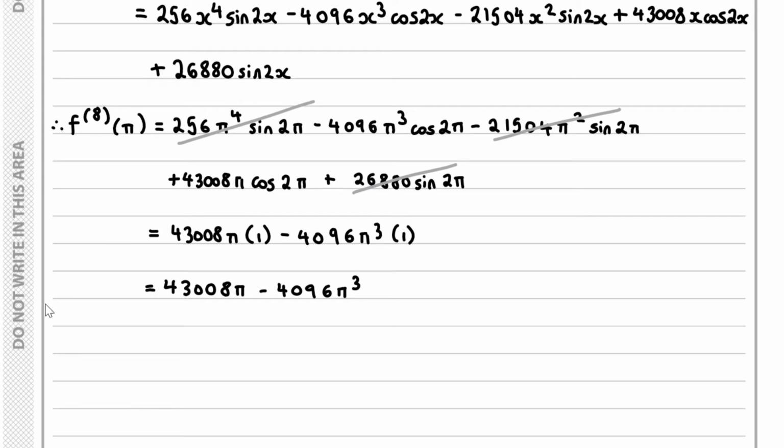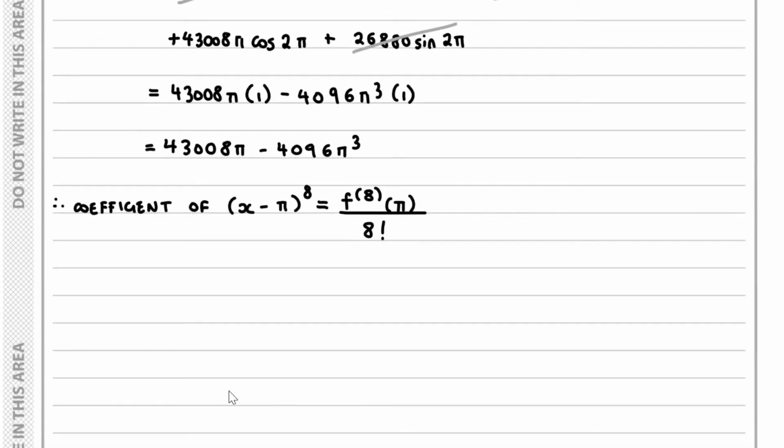Now, what we can do is find the coefficient of (x minus pi) to the 8. So if we use the Taylor series to do that, the coefficient of (x minus pi) to the power of 8 will be given by the 8th derivative of f at the point x equals pi divided by 8 factorial.